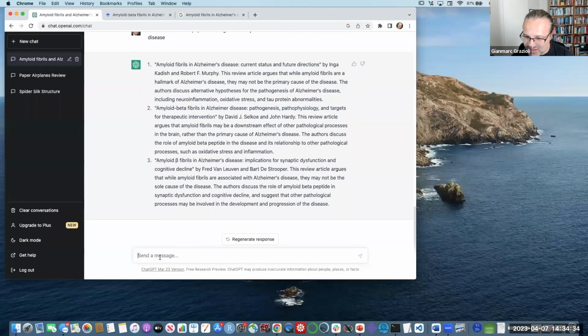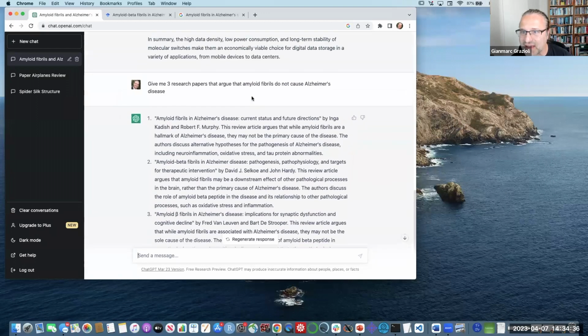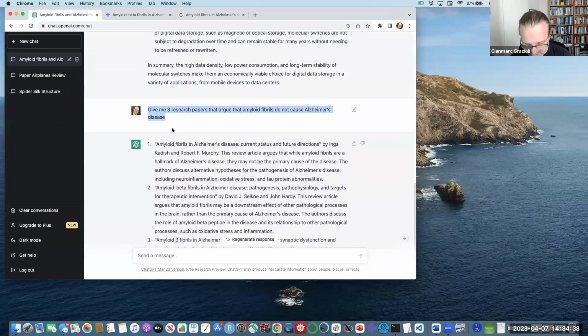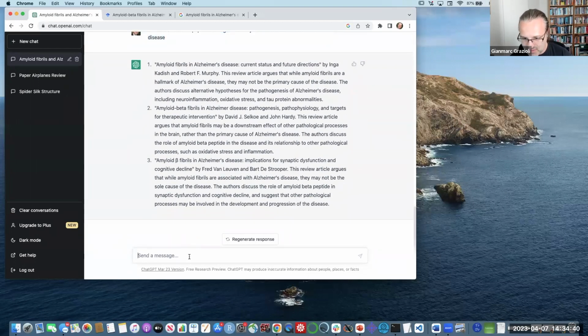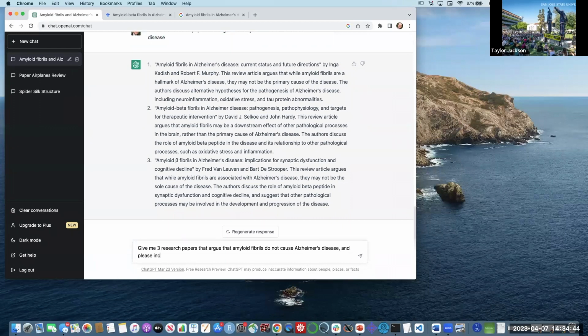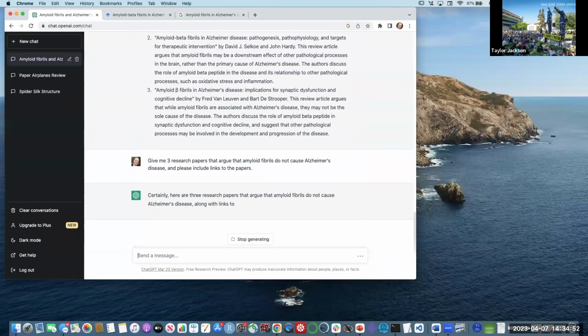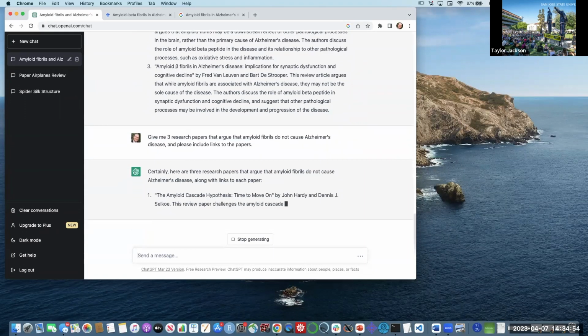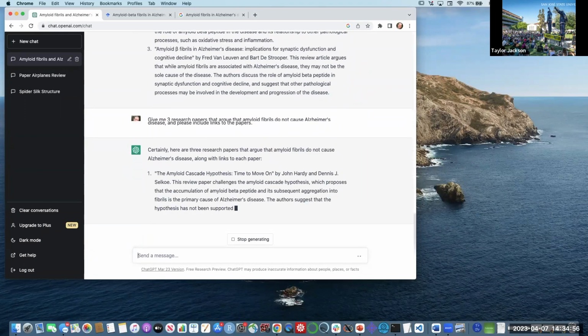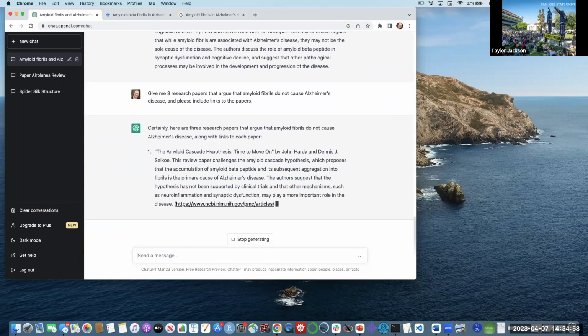Give me 3 more, and include links to the papers. So would we be able to get it to actually perform a search doing this? That's what we're trying to do with this exercise, right?